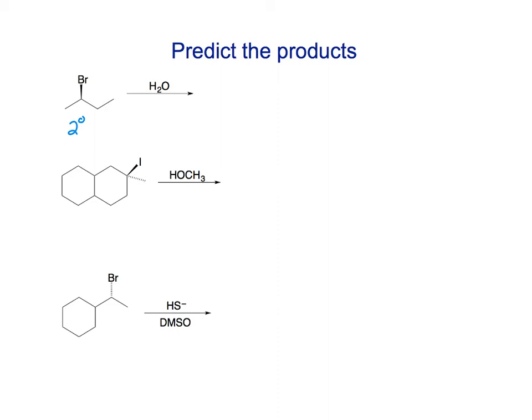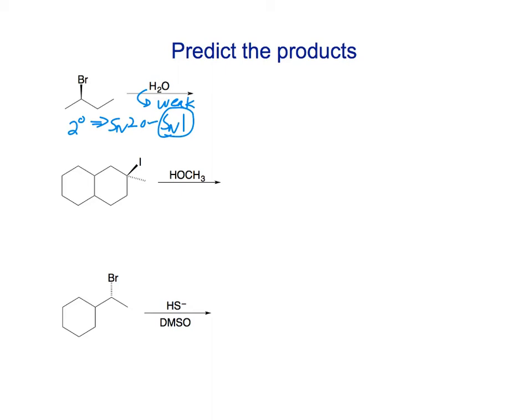And so we know that the reaction could be either SN2 or SN1. Okay, so we haven't really decided anything. So the next thing that we'll look at is the nucleophile. And in this case, water is the nucleophile. And so this is weak. And so this supports an SN1 mechanism.